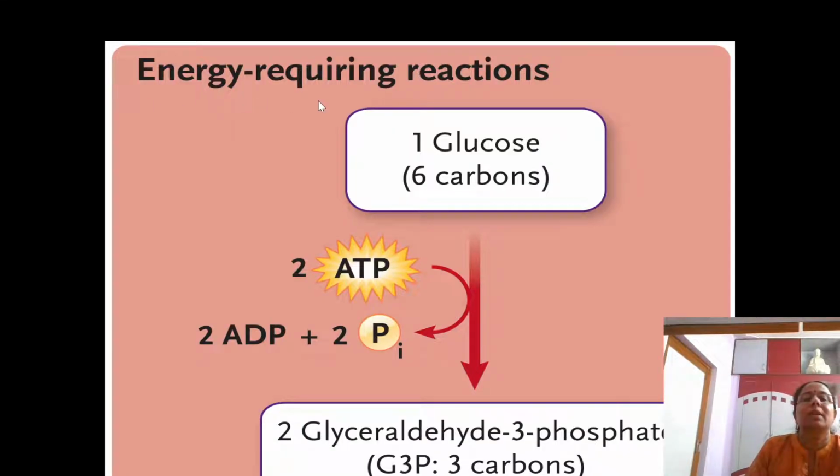See, these are energy-requiring reactions. Glucose, a 6-carbon compound, utilizing how many ATPs? 2 ATPs, converted into G3P, which contains 3 carbon atoms. How many moles? 2 moles. 1 glucose is split into 2 molecules of G3P by utilizing 2 ATPs. These are the energy-requiring reactions which take place in the preparatory phase of glycolysis.